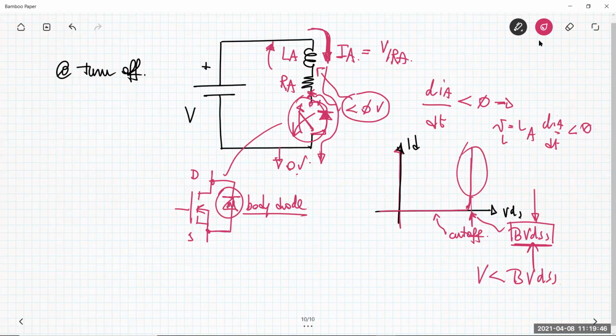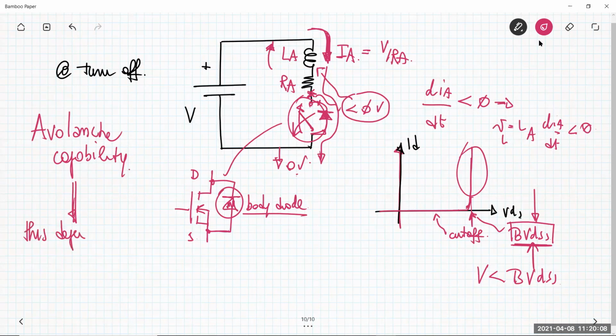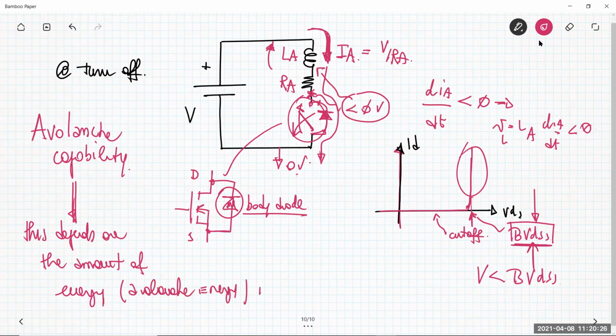If your MOSFET is a kind of MOSFET that can support avalanche for a limited amount of energy, then operating exactly at the breakdown voltage is possible. This depends on the amount of energy that we call avalanche energy involved.